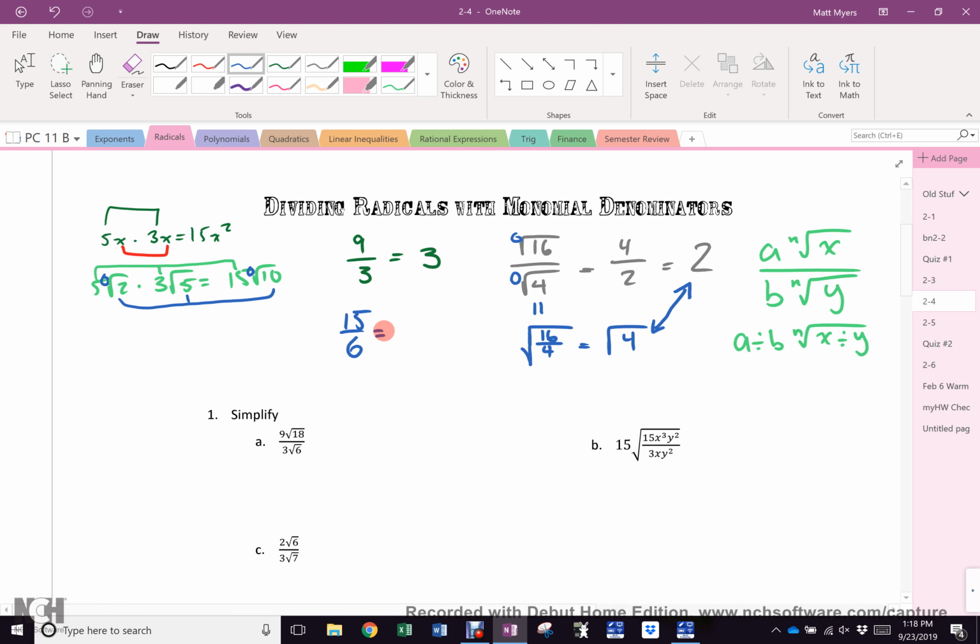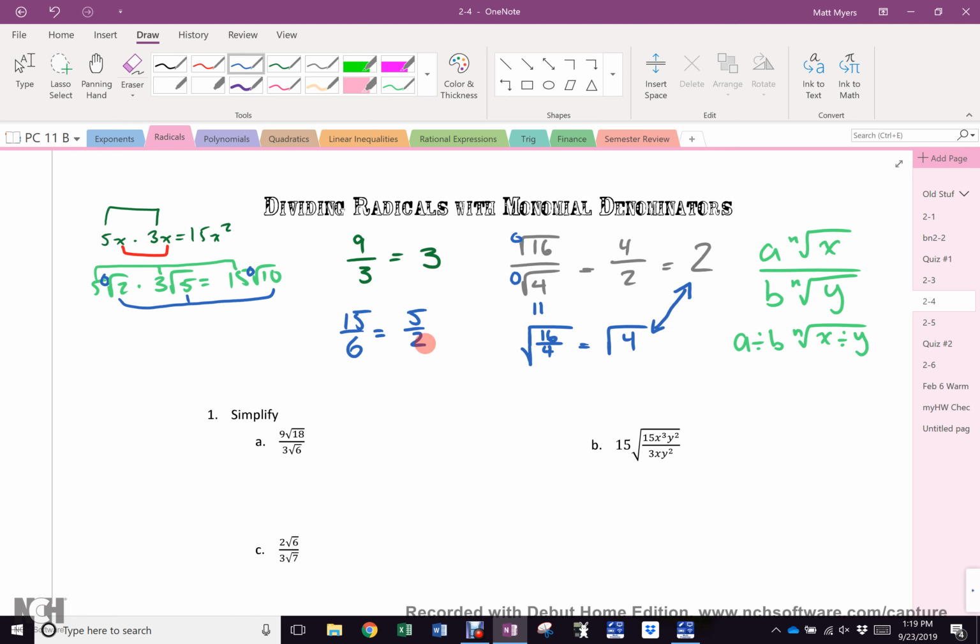Right, 5 halves. You bring all of your math to the party, even if it's a surprise party. You bring all of your math. Okay?